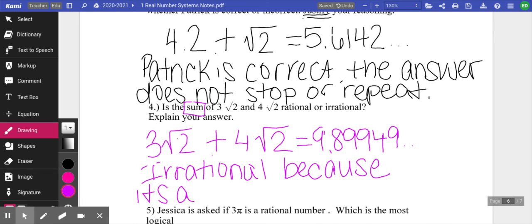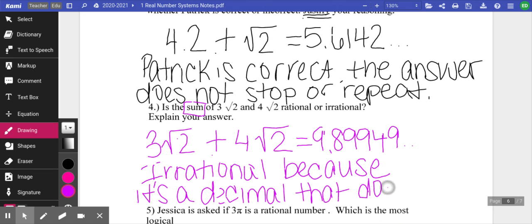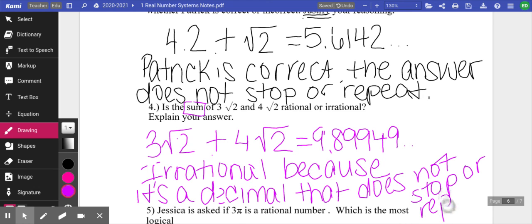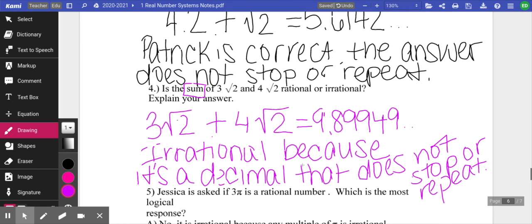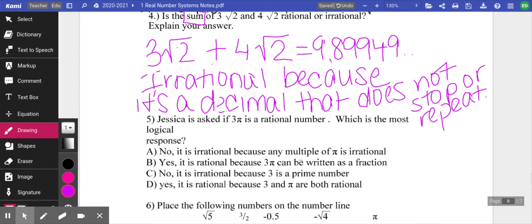It's a decimal that does not stop or repeat. Okay. If it's hard to read my handwriting, remember I always have the copy of class notes posted, so you can just look on there.